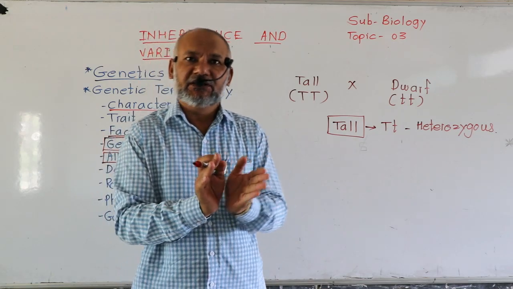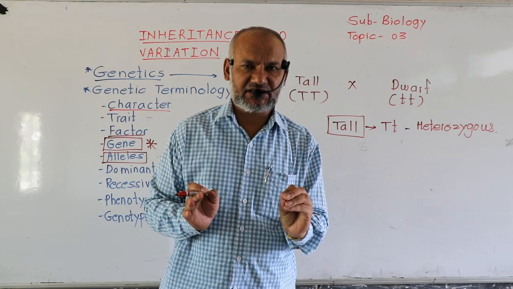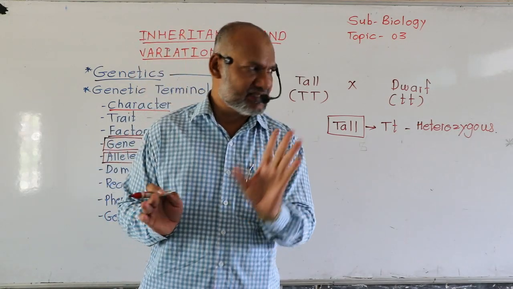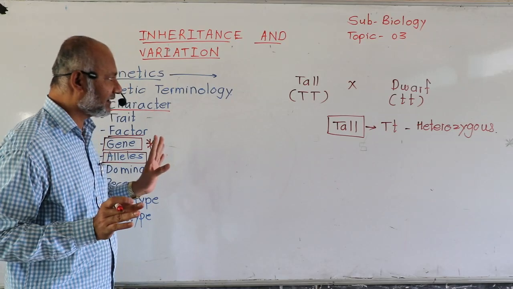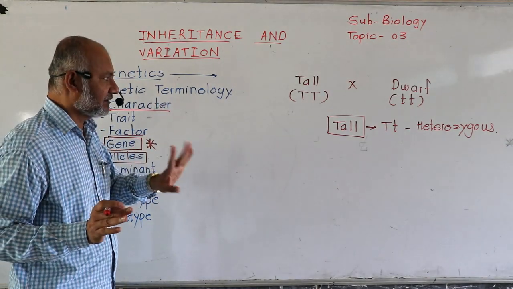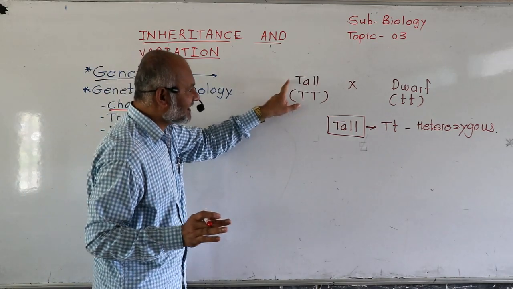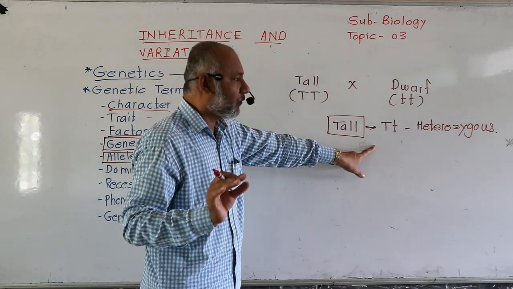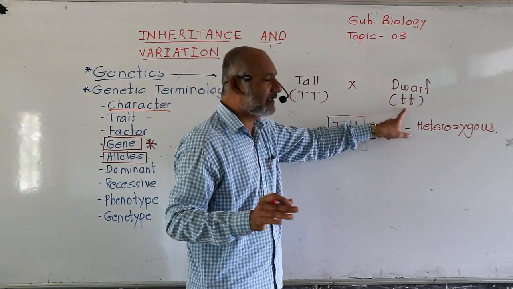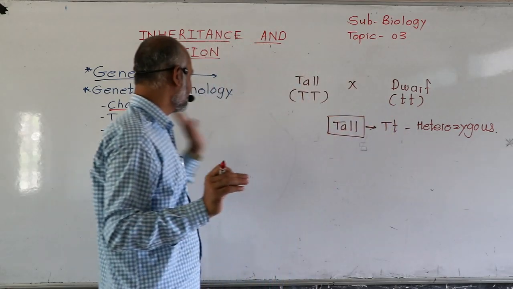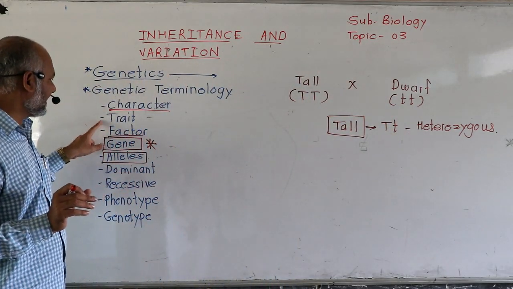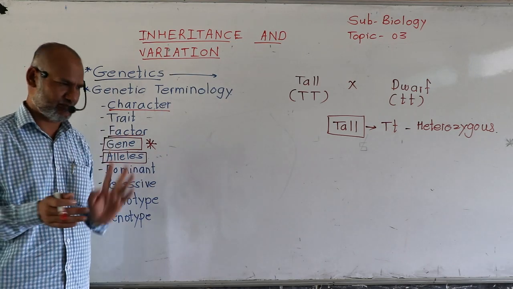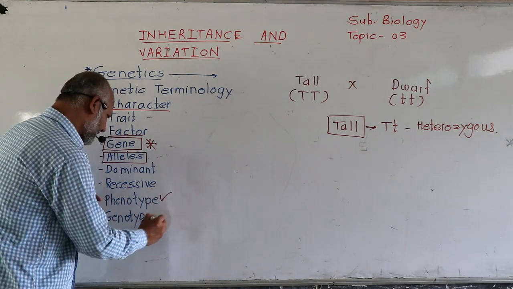Or, the allele which expresses its trait in the F1 generation is called the dominant allele, while the allele which gets suppressed in the F1 generation is called the recessive allele.